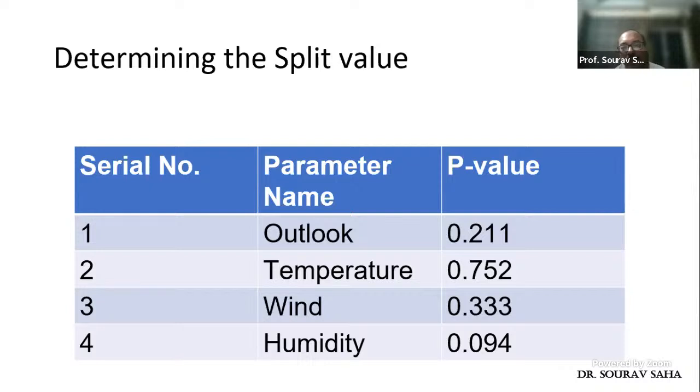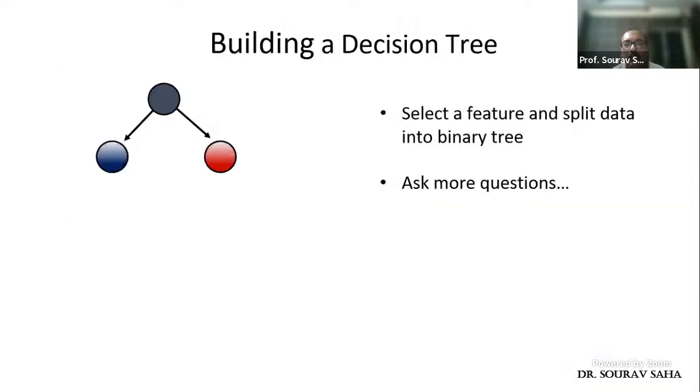So temperature will have the maximum influence in splitting the data. It will ensure that my data is homogeneous once I split with temperature. Last class I showed you the chi-square values; here, the chi-square values have been converted to p-values, right?